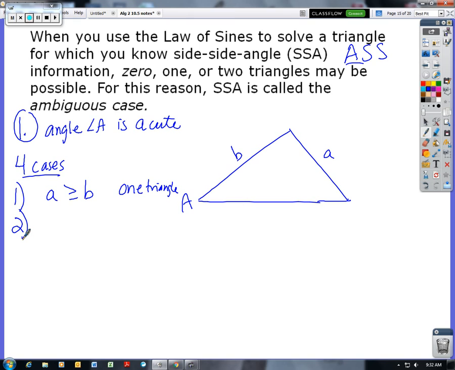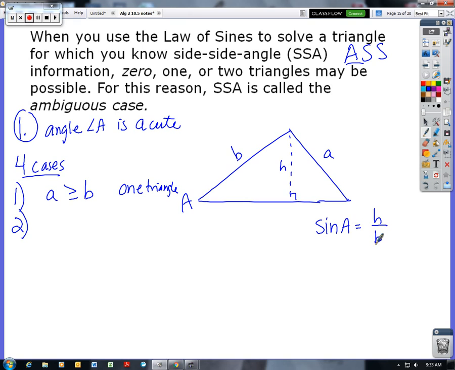Second case. There's an altitude here called h. The way that we're going to get h, because you actually have to find h, is you're going to use the right triangle on the left, and remember again, sine of angle A is the opposite over the hypotenuse.